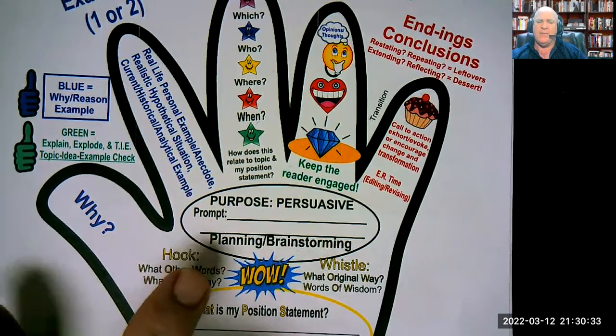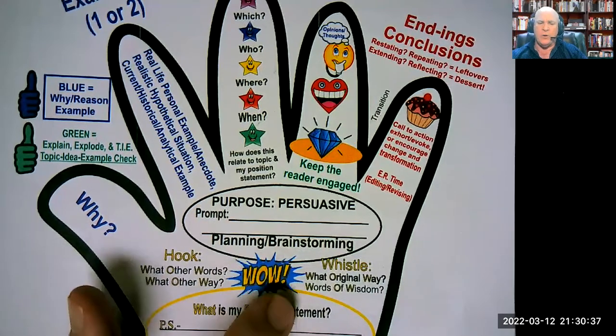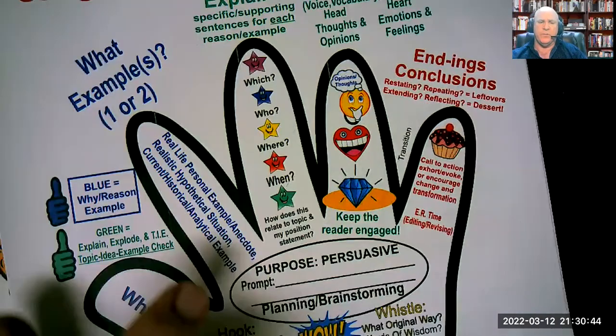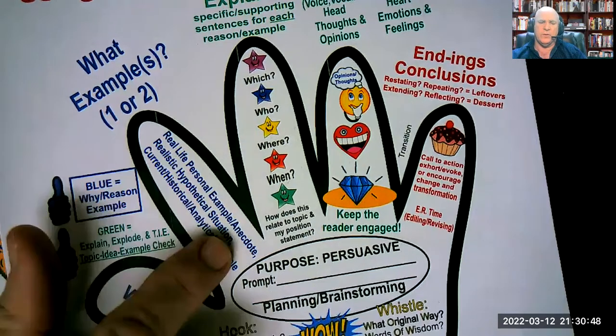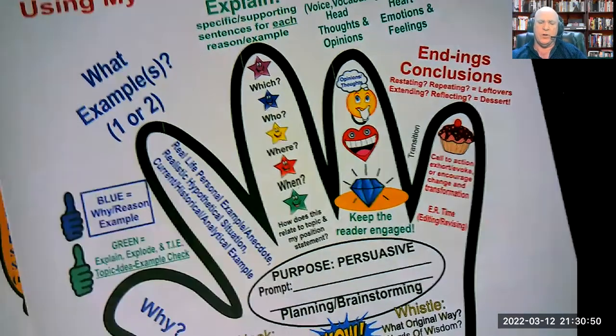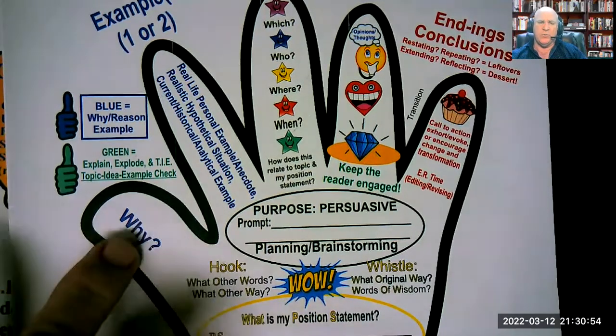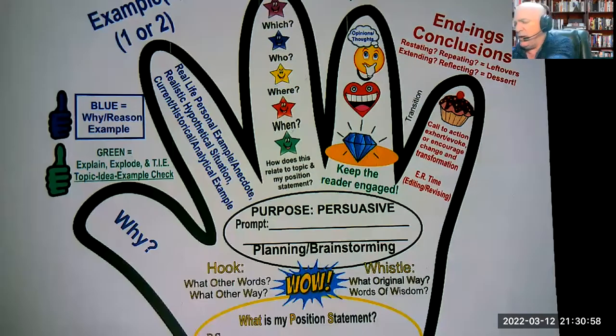You can have a hook, or what I call a whistle, using one of the wows that I discussed before your thesis. But just keep in mind, what example are you going to use so that your hook, your thesis, your position, your reasons, and your examples all relate to each other in some way.